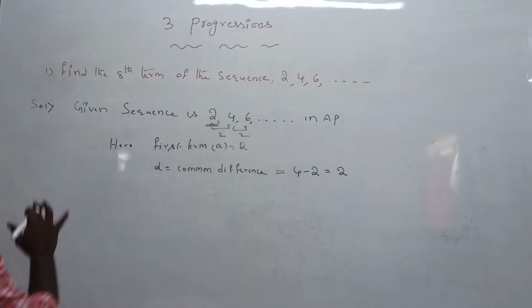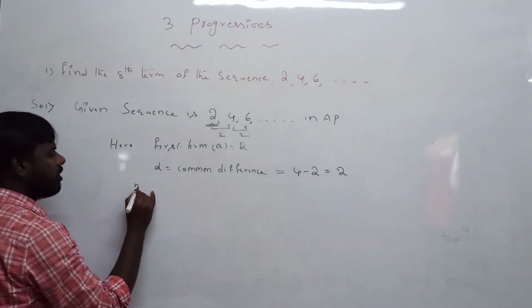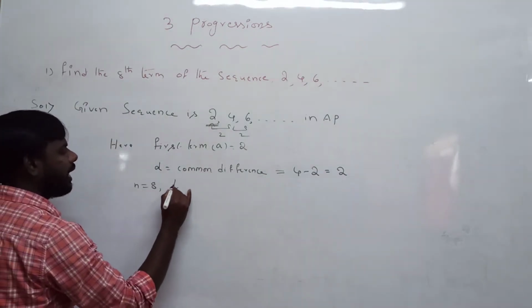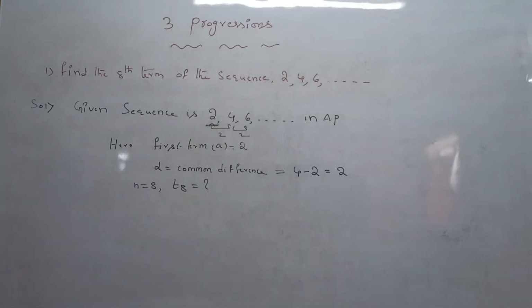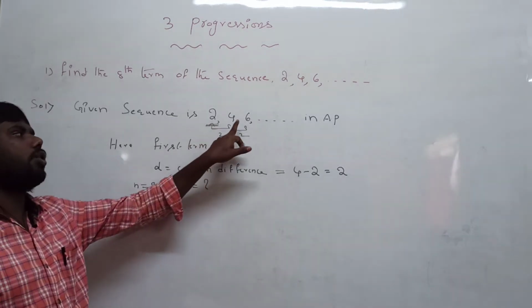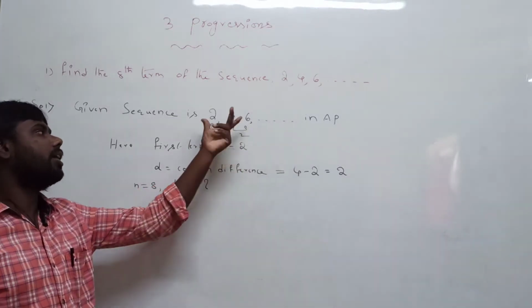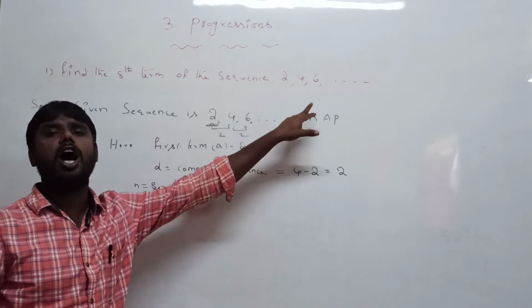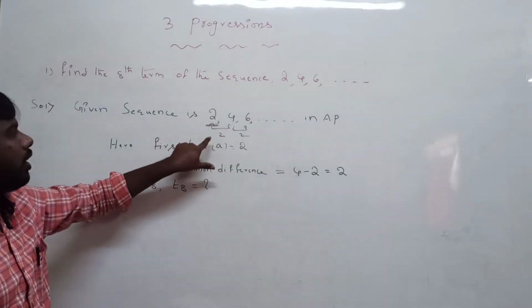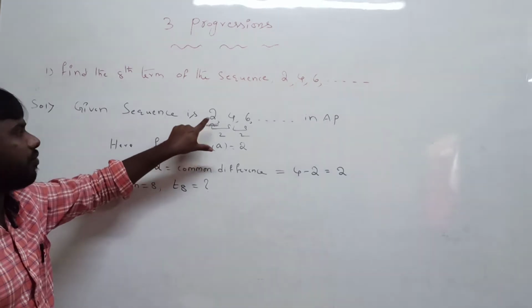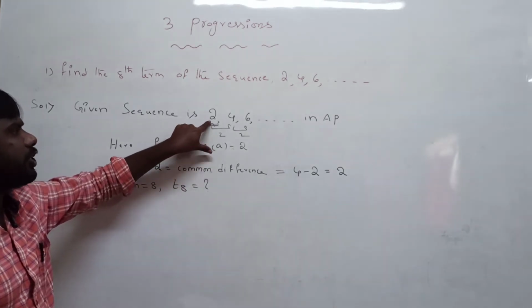What is the given nth term? They gave n as 8, to calculate the 8th term. So the given series is 2, 4, 6, the sequence in the arithmetic progression. The first term is denoted by a.